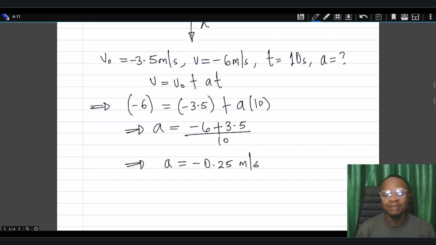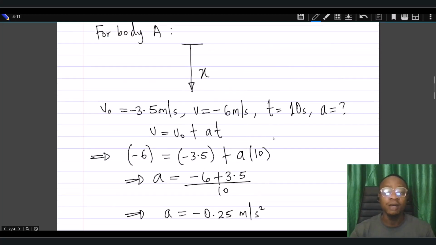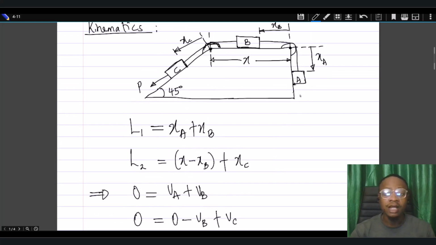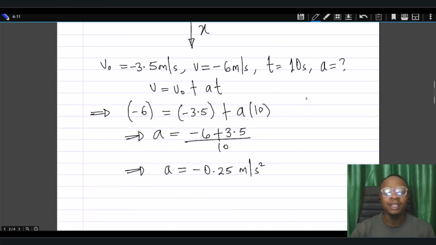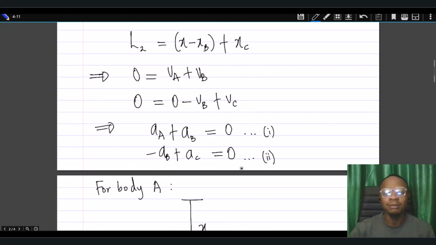Of course, that will be in meters per second squared, consistent with the unit in this system. So we have the acceleration of A to be minus 0.25. Minus implies that the acceleration is directed up, because positive for A, based on what we have defined here, is down. So the acceleration of body A equals minus 0.25 meters per second squared, based on the coordinate system we have established above.